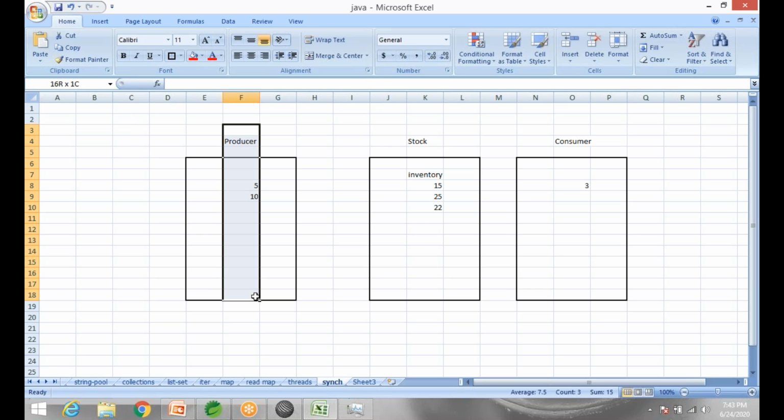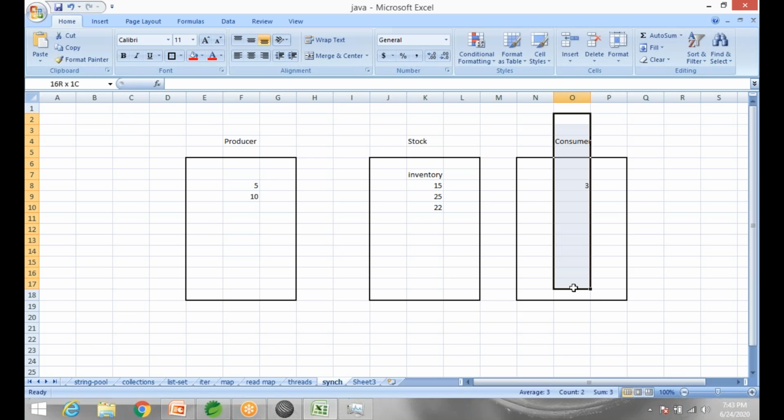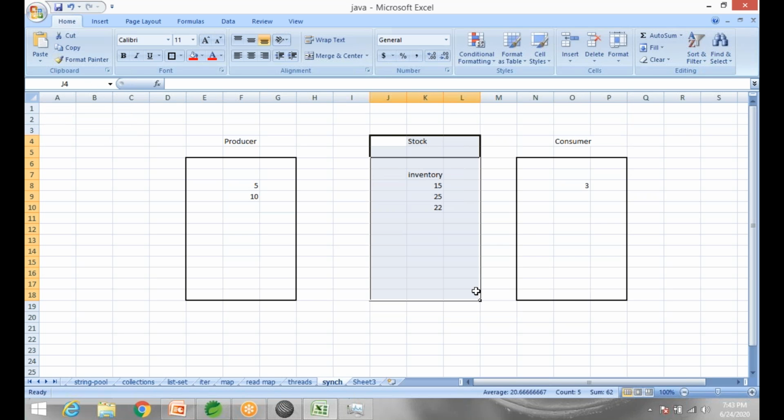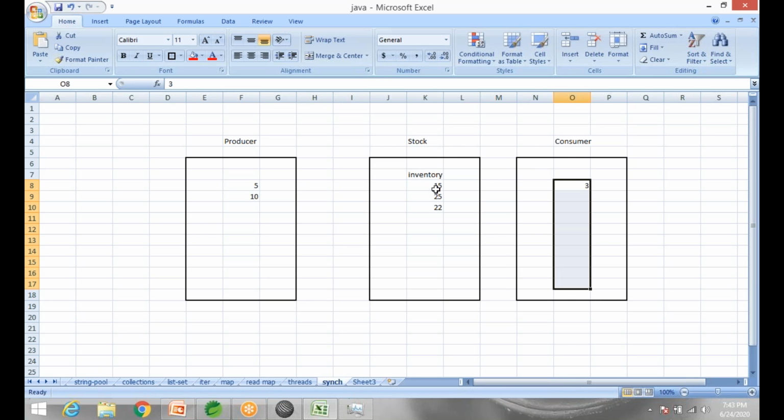So these two threads, producer thread and consumer thread, these two programs, they have to share the same stock object, isn't it? Yes. Because whenever they make changes, we want the other person to see or reflect that. If they both have the same stock object between them, then whatever changes the producer does, the consumer can also see that change.